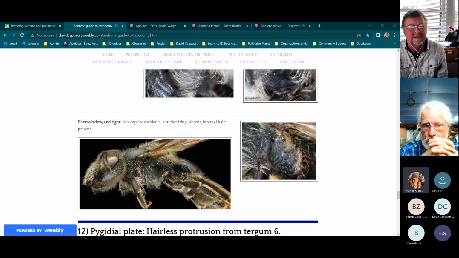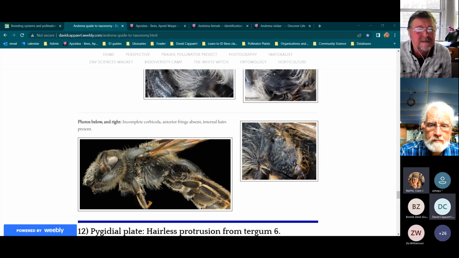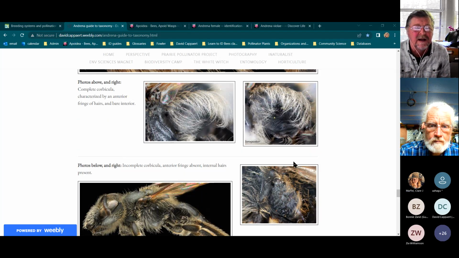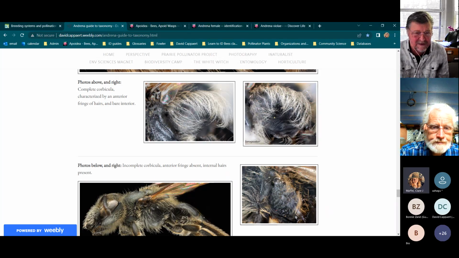Can you talk about where the fringe might be? Because it looks like here with the incomplete one, this one's incomplete here, yes, right? Right.